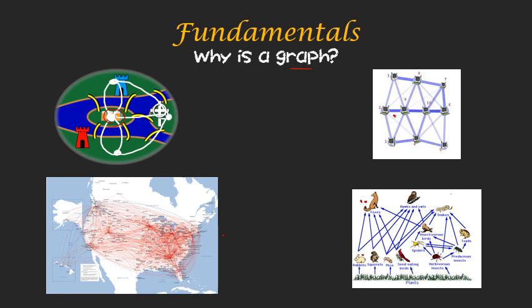Another example of an application of graph theory is to social networks. Think of Facebook. Think of the vertices of the Facebook graph as being people, and there's an edge between two people if they are friends on Facebook. Now there are millions of users on Facebook, and along with that, billions of edges.